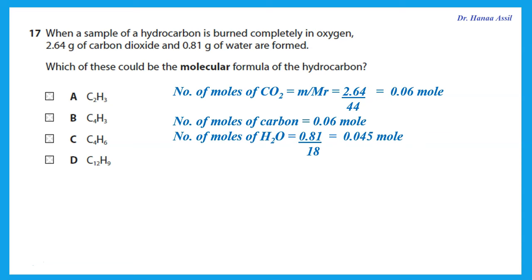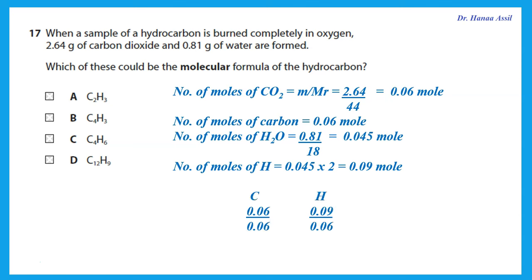Now, what about the hydrogen? In water, we have this number of moles, mass over molecular mass of water, but each mole of water has 2 moles of hydrogen, so that means the number of moles of hydrogen is twice of that. Now, if we have these number of moles, we need to simplify by dividing by the smallest, so this is 1 to 1.5.